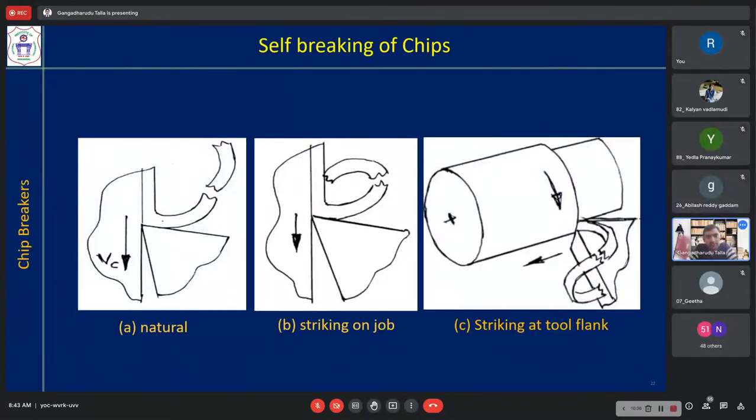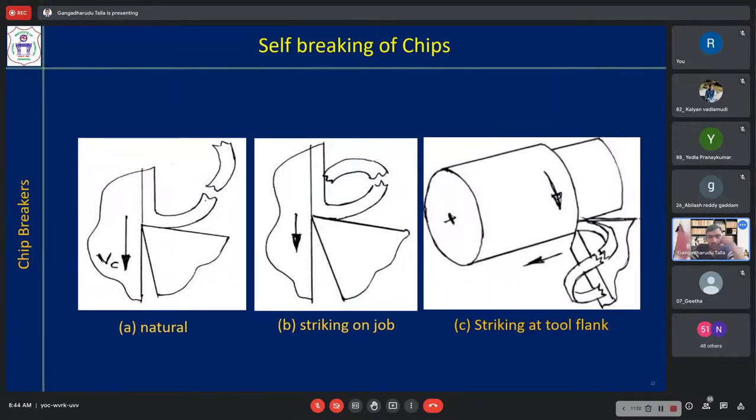Once the chip moves a little bit away, it will start cooling immediately. Due to cooling, some residual stresses come in the chip, and due to the self weight of the chip also, it will break at some location.